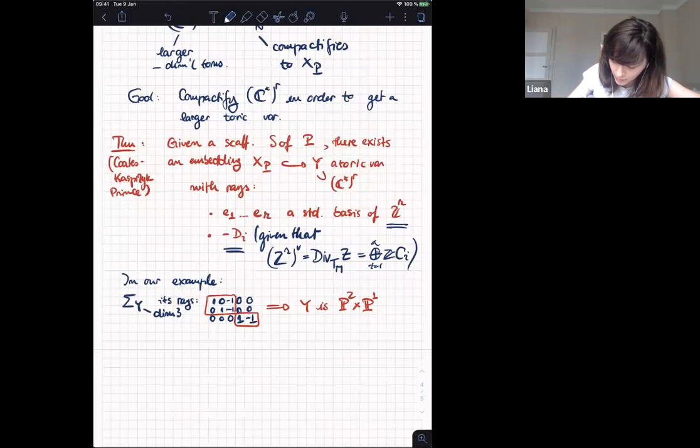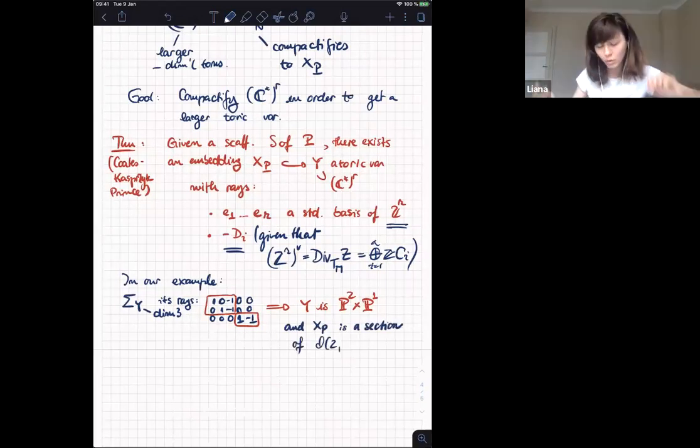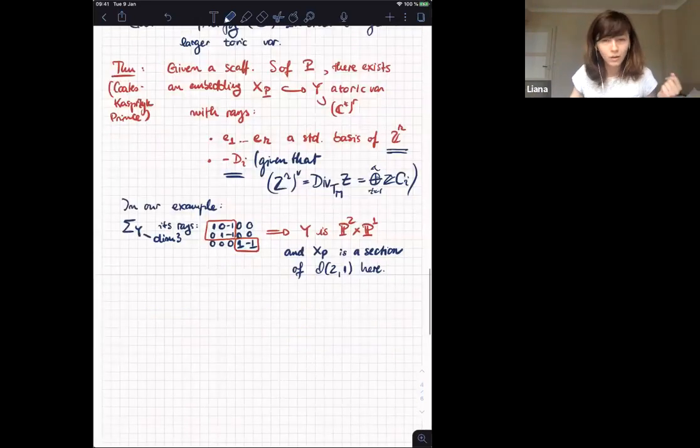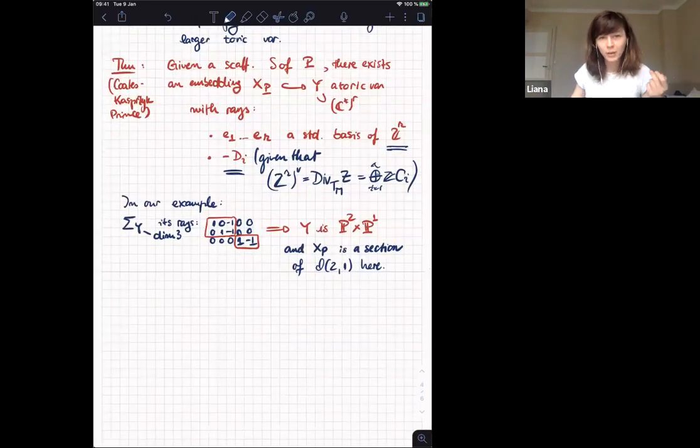XP is a section of O(2,1). So what I've done in all of this is to embed XP into P2 cross P1 as O(2,1). XP is a singular variety here, but if you just write a general equation in O(2,1), it is going to be a deformation of your singular toric variety.